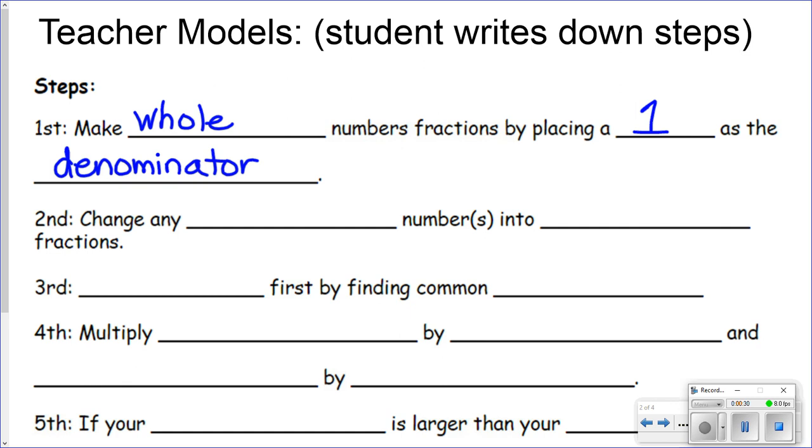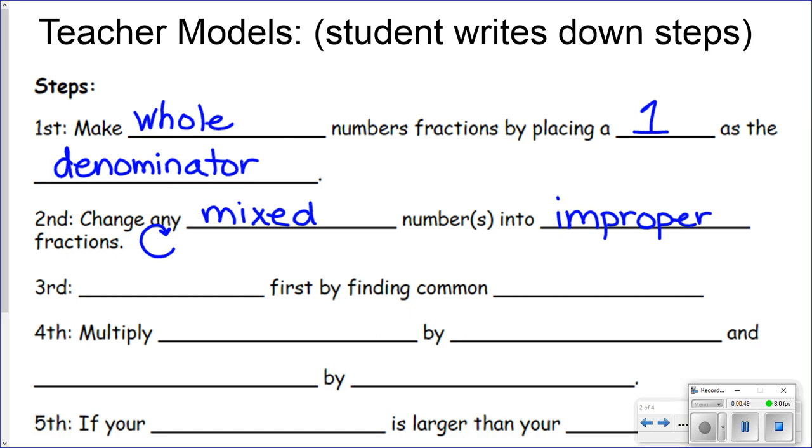Two, we're going to change any mixed number or numbers to improper fractions. A refresher is our CXT.